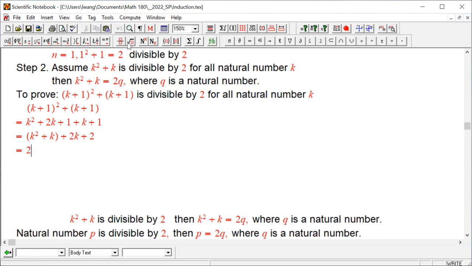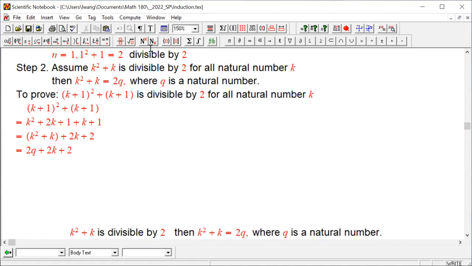So now it's 2q plus 2k plus 2. Now I can factor out the 2, and I will get 2 times q plus k plus 1.